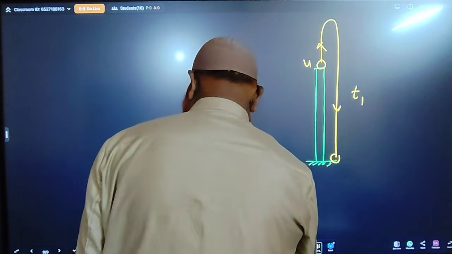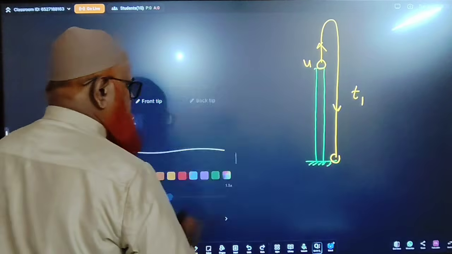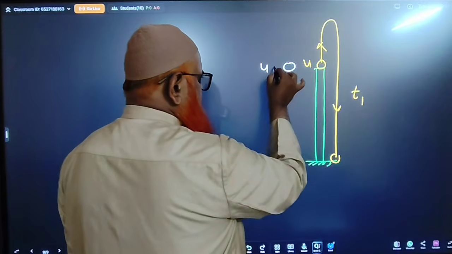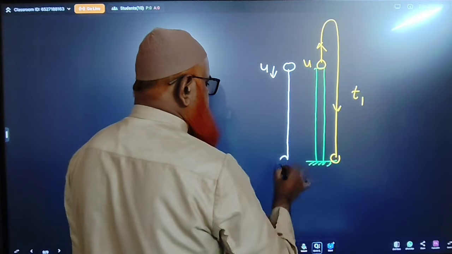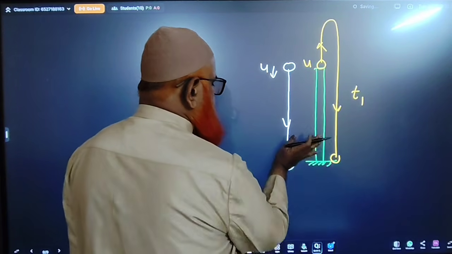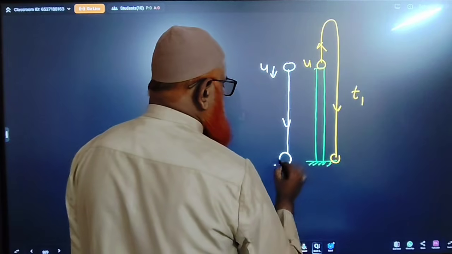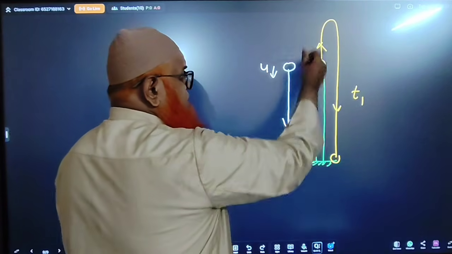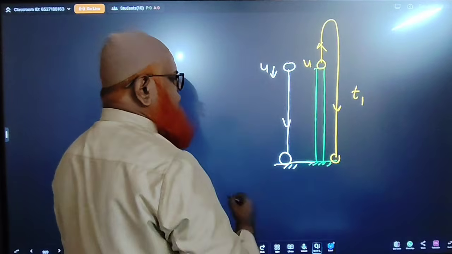Let us take some different color here. The second thing is the same ball from the same height, you are throwing it downwards. It strikes the ground. With whatever velocity you threw upward, with the same velocity you are throwing downwards.